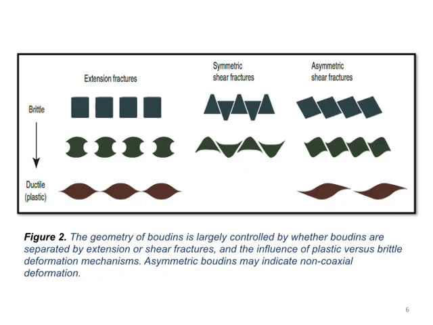This means fracture type dictates boudin shape, material behavior affects how clean or flow-like the separation appears, and lastly, asymmetric boudins suggest non-coaxial deformation when strain is not uniformly applied, often seen in tectonically complex zones.